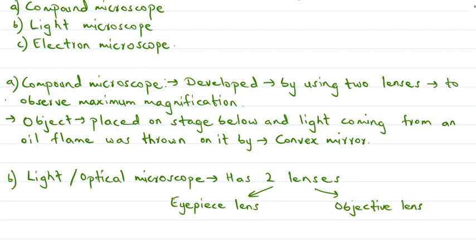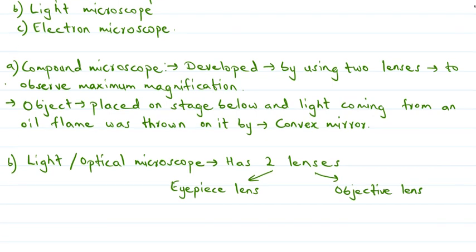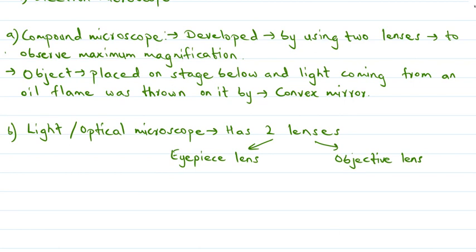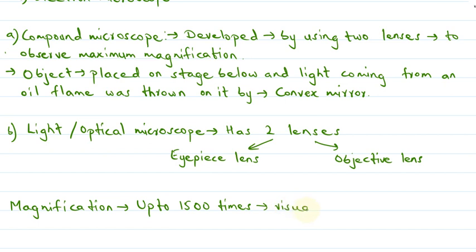Now what happens is, these two lenses are combined to produce a greater magnification. Okay, so the light microscope shows magnification up to, what is the magnification shown by light microscopes? It can show a magnification up to 1500 times, which is good enough to see or visualize what?